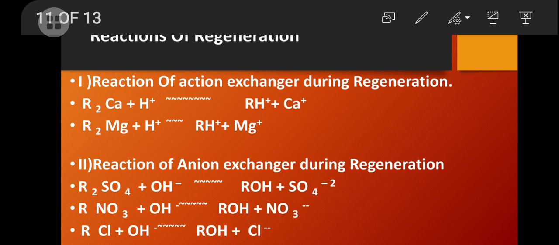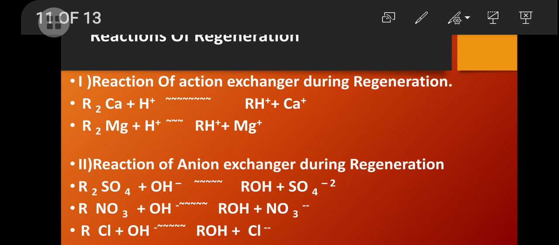Similar is the reaction with magnesium. R2Mg reacts with H ion, and as a result again RH is formed and magnesium is released. To generate the H ion, HCl is used, so calcium chloride and magnesium chloride are formed.